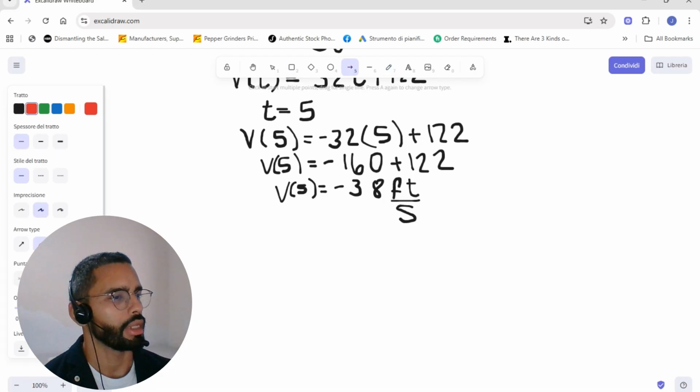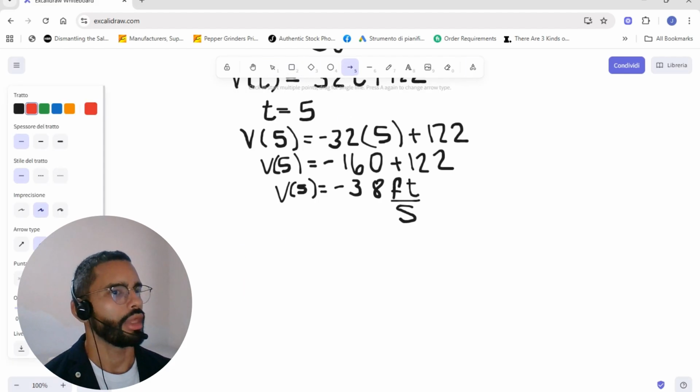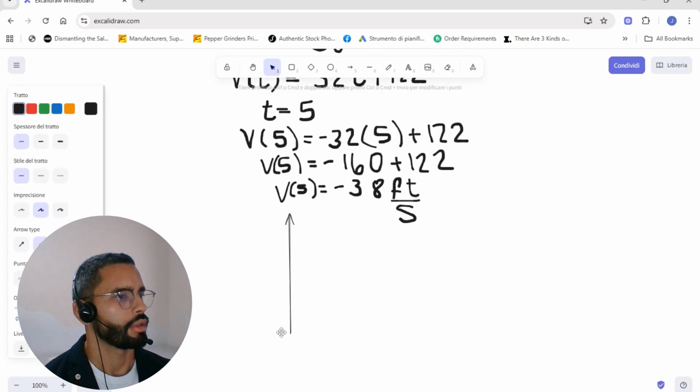Let's say we were to draw our equation from the beginning, the height with respect to time.